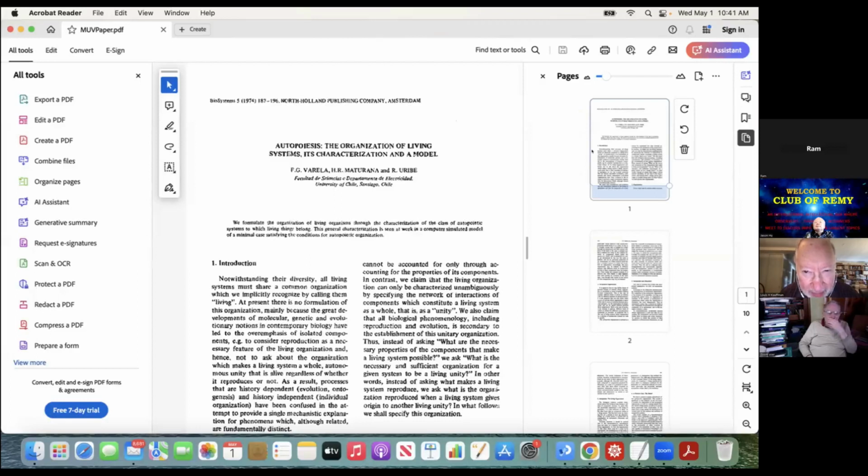The basic paper by Varela, Maturana, and Uribe about autopoiesis. And this paper is about how self-supporting forms could arise and what it would mean to be alive, those questions.